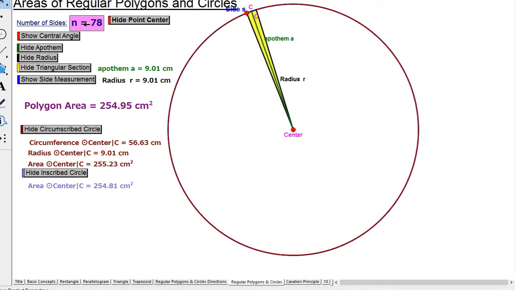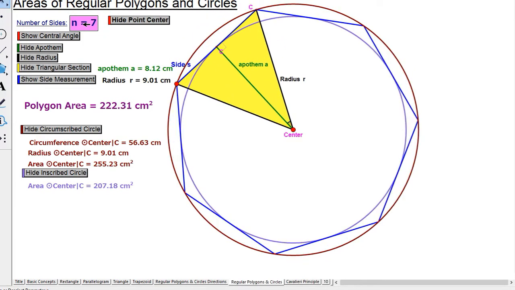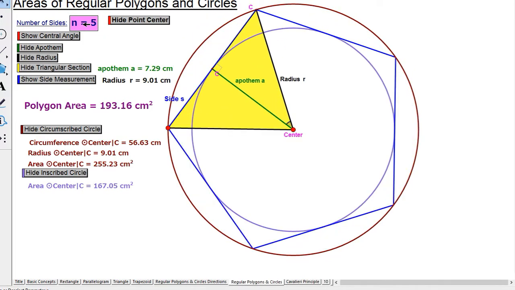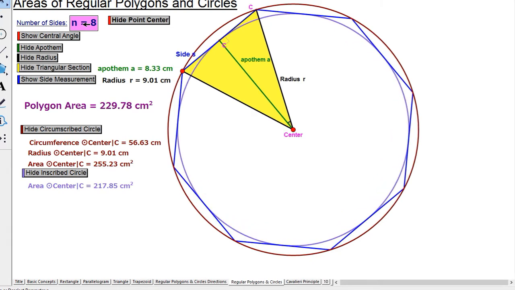It's actually approaching the same value as the radius. So A is approaching r as n approaches infinity. Hey, what are we talking about here? We're talking about a limit, right? So we have a limit process going on here.